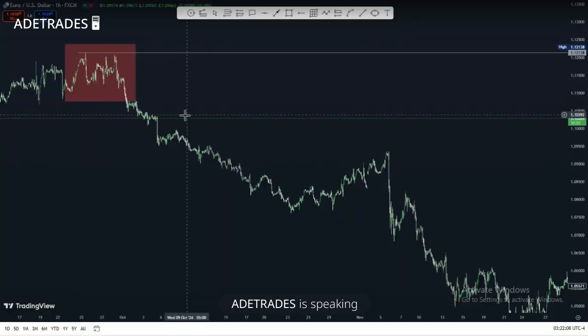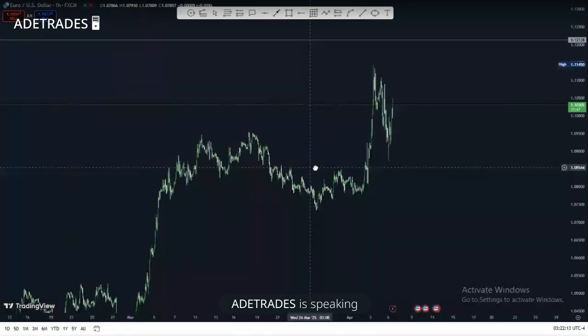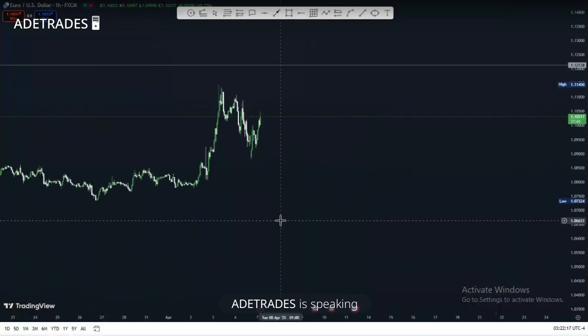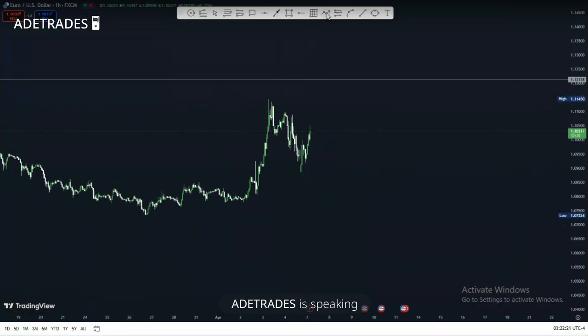So you know what you can possibly do? You can find buys from this area to this area, then try to short downwards.